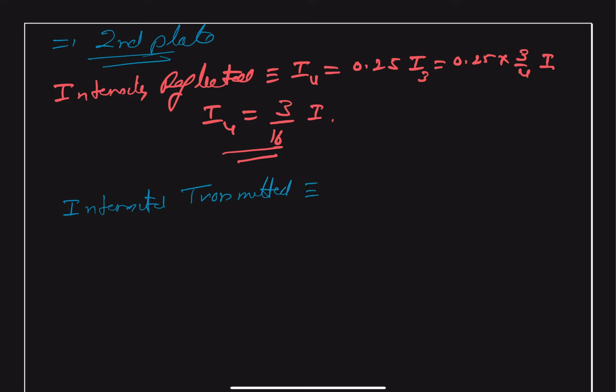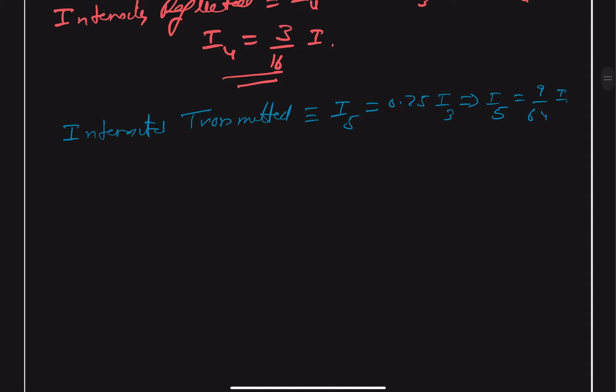Suppose the intensity transmitted is I5. So this I5 will be equal to 0.75 times I3, giving us I5 equal to 9 by 64 times I.